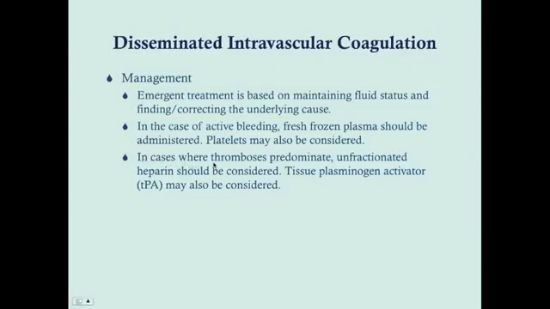In cases where thromboses predominate, fractionated heparin can also be considered, TPA can be considered, but what's most important here is that you maintain the fluid status and that you correct the underlying cause. And then secondarily, you can manage these thromboses.